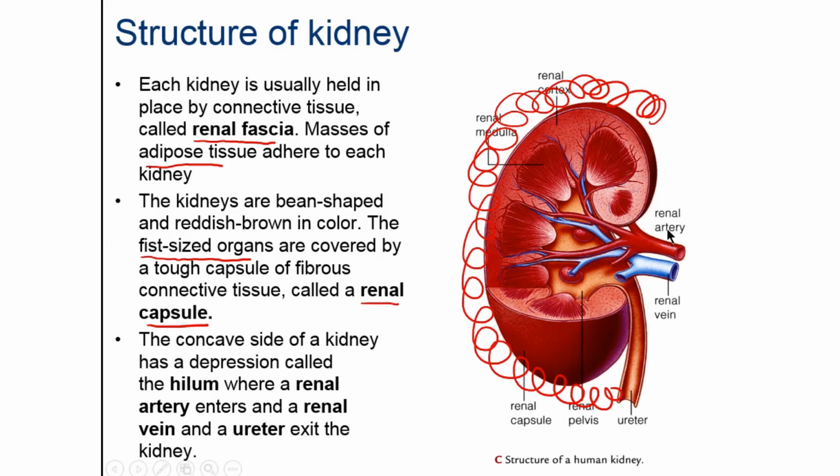The medial side of the kidney is going to have a concave indentation, which we call the hilum, and the hilum is essentially where the arteries go in, the vein comes out, as well as where the ureter exits the kidney.